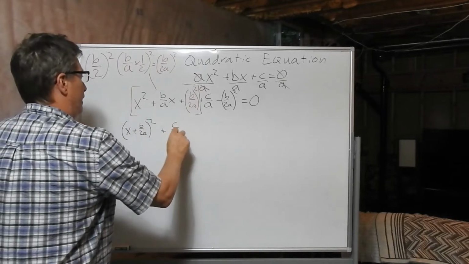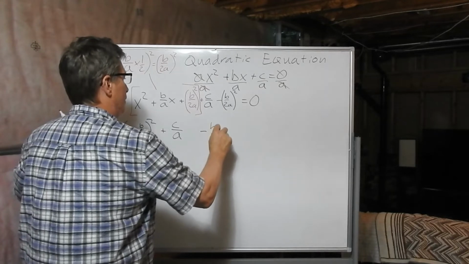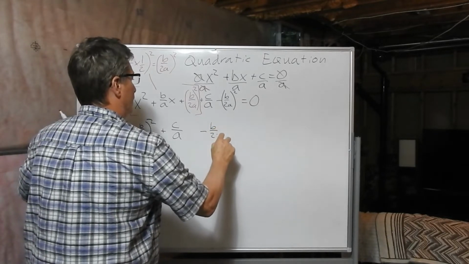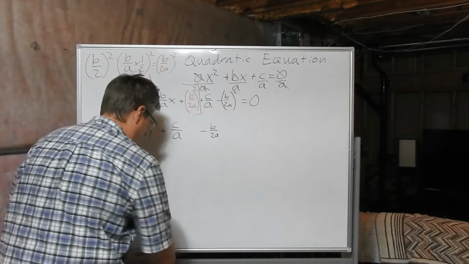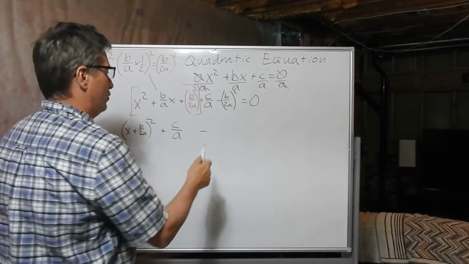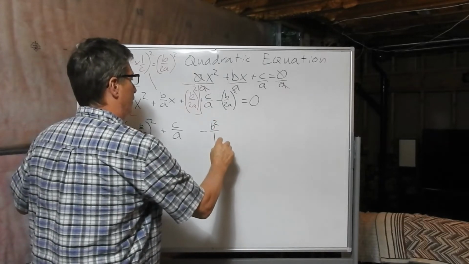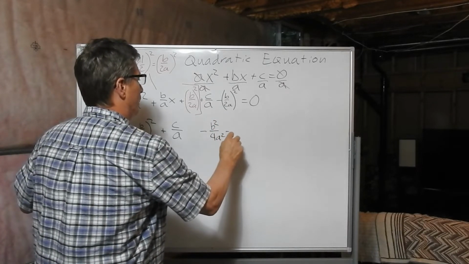Then we're left with c over a minus b over 2a, squared. Let's simplify that, so we'll be left with b squared over 4a squared equals 0.